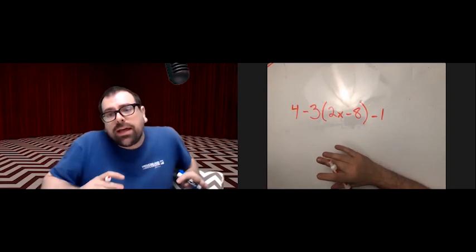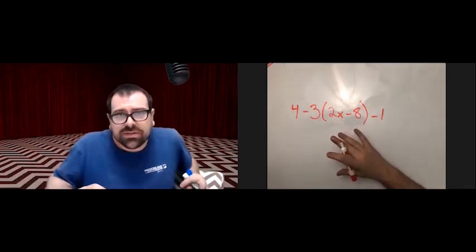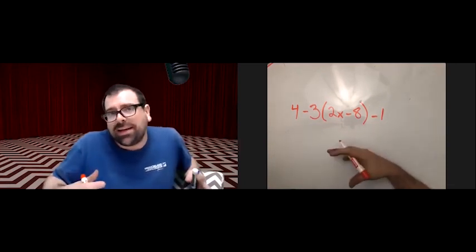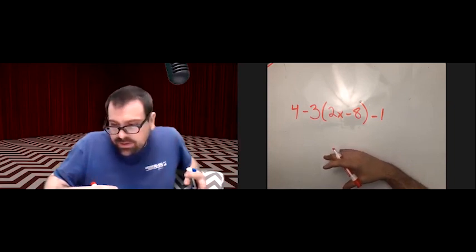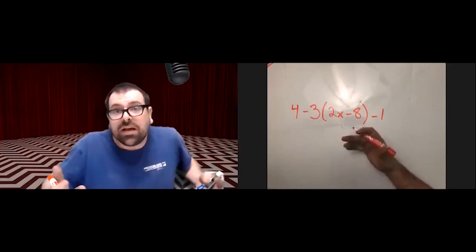Now we're going to go ahead and combine these last couple of skills. We're going to use the distributive property, and we're going to combine like terms. This is one of the major skills in algebra.